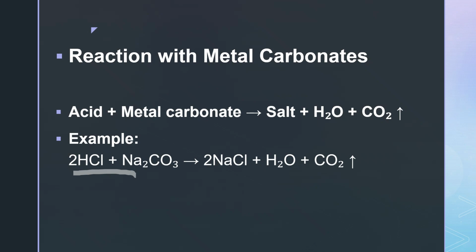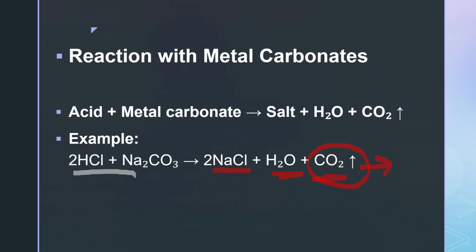Okay, so in that case whatever the salt is there, it will be produced in the same way, but the other products will be H2O and CO2, and the identification of CO2 gas is, first, effervescence will be there, and second is that it is going to turn lime water milky. Turning lime water milky is the identification of CO2 gas.